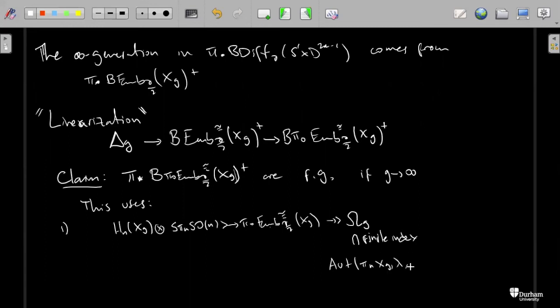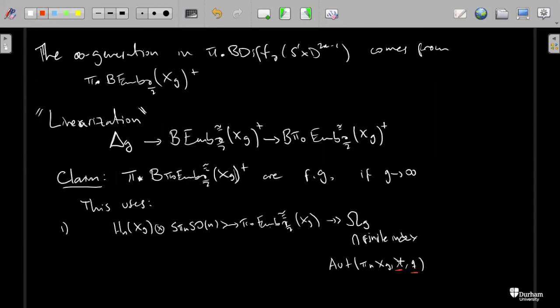And let me put two more symbols here, lambda and q. So this map here is: you take a self-embedding of this type, and then you see what it does on the n-th homotopy group of XG. Since these are all smooth embeddings, they not only give you an isomorphism of that homotopy group, pi n of XG, but they also preserve more data, which is what I'm calling lambda and q.